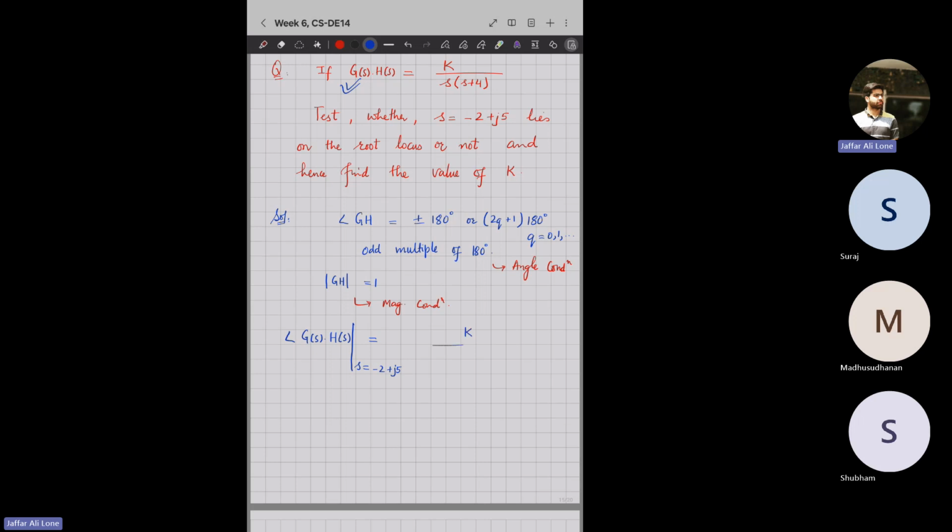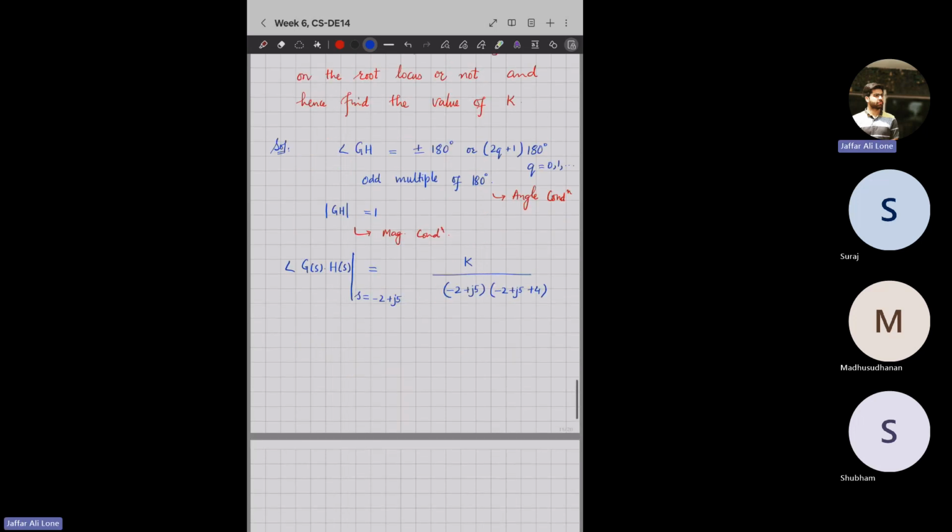So I'll get K divided by (minus 2 plus j5) into (minus 2 plus j5 plus 4), which, simplifying a bit, is K divided by (minus 2 plus j5) into (2 plus j5). So we have to find the angle of this transfer function.